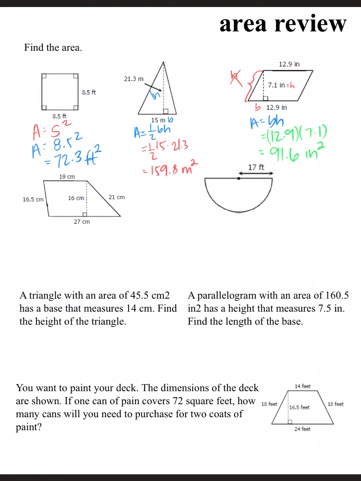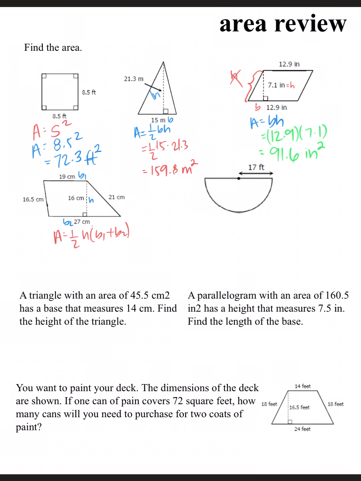Okay, this one, this shape, is our trapezoid. So we've got 1/2 height times base 1 plus base 2. This is base 2, this is base 1, and this is our height.